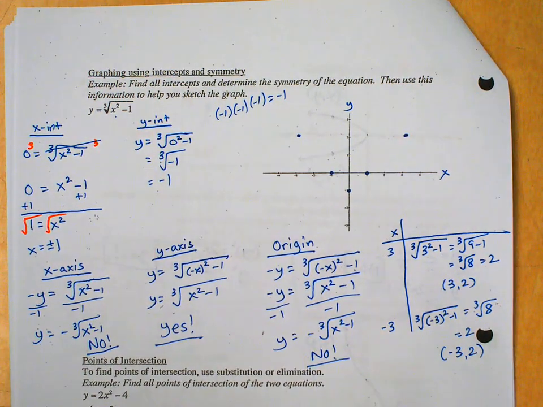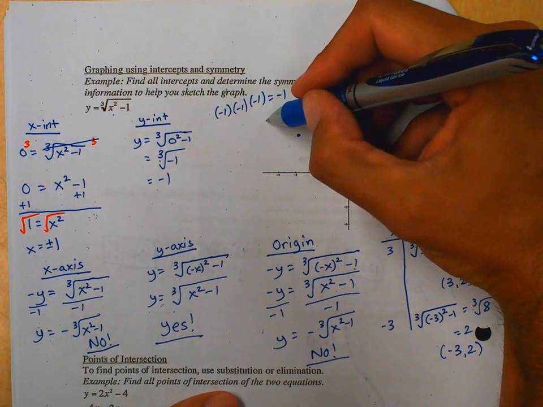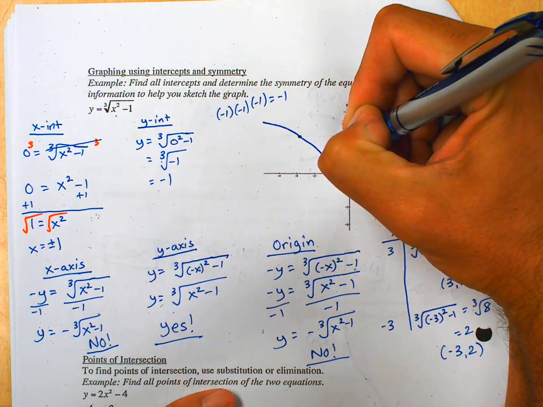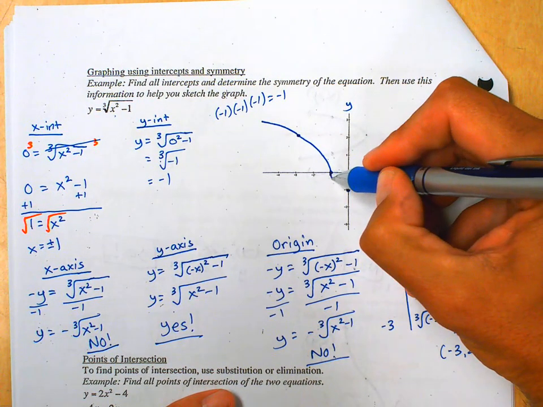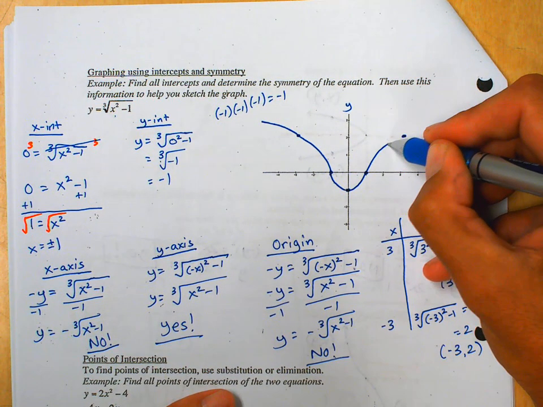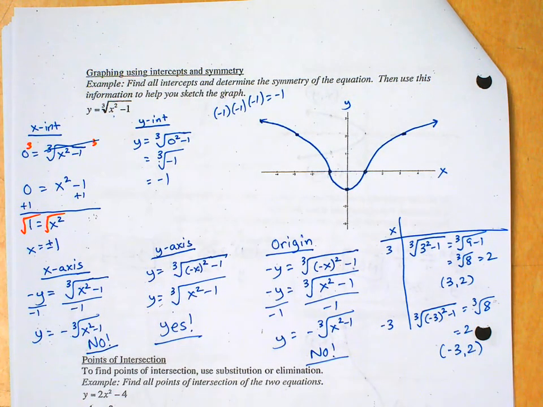Now, be careful. This is not linear. This is a curve. So it's going to look something like that.